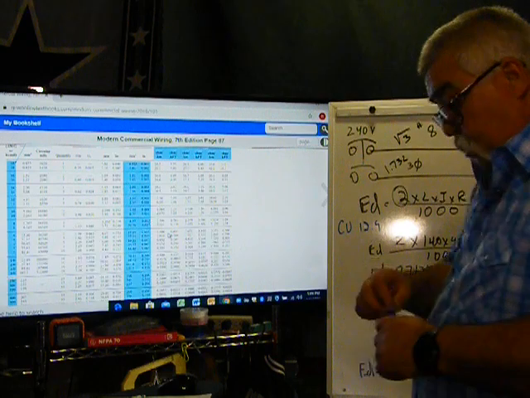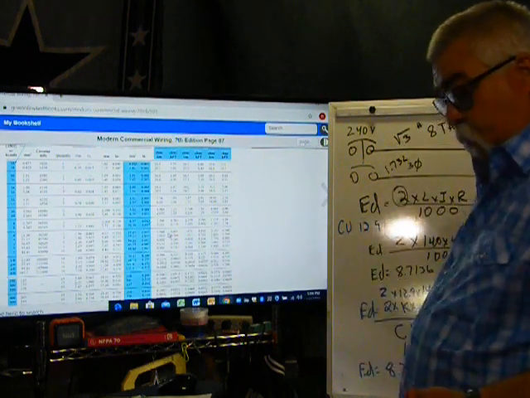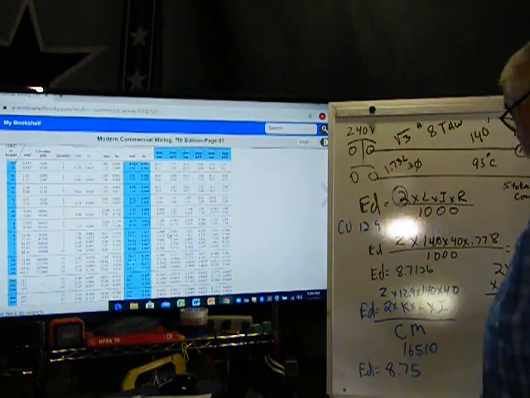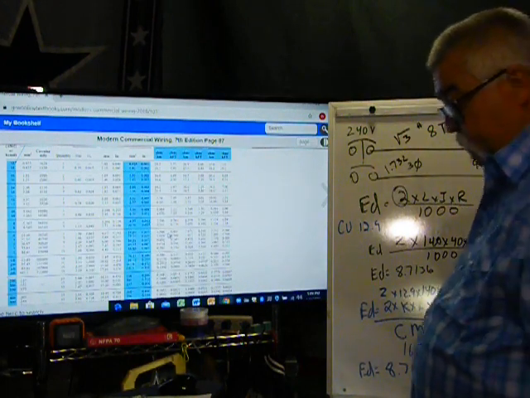It's pretty close, not much off. So you're still at 8.5. You're still at almost 9 volts on both of them. But your voltage drop is only 7.9.